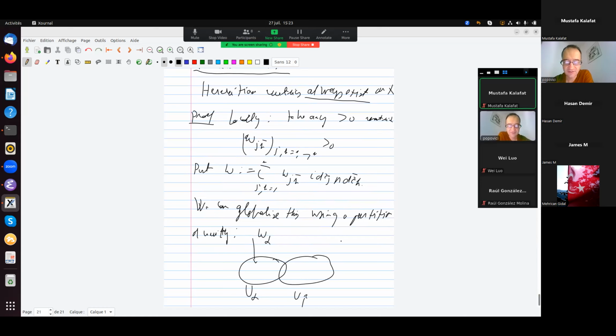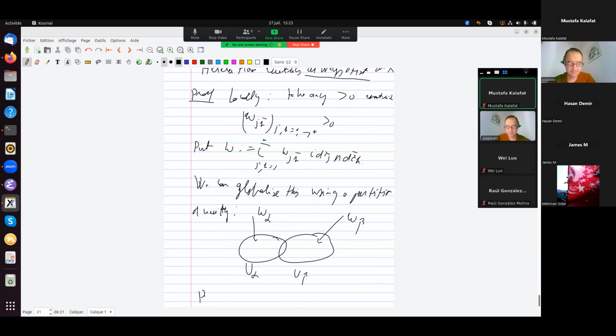Take any Hermitian metric omega alpha for the chart U alpha, any Hermitian metric omega beta for the chart U beta, and then use a partition of unity to glue them together, right? And then put omega to be the sum over alpha of theta alpha omega alpha, where theta alpha is a partition of unity. Right, so this is obvious.